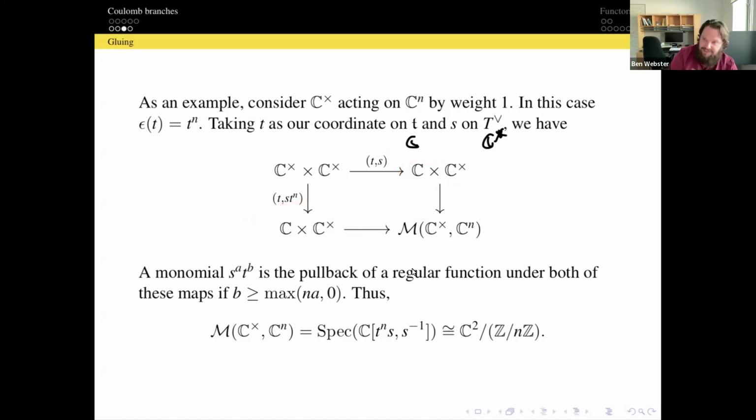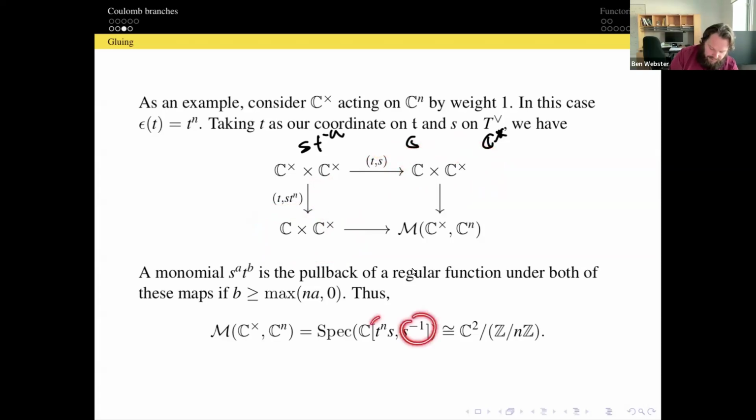Of course, s t to the n is a regular function on here and a regular function on here. But if I took s on here and tried to write its pullback, it would be s t to the minus n, and that's not a pullback of a regular function on here.